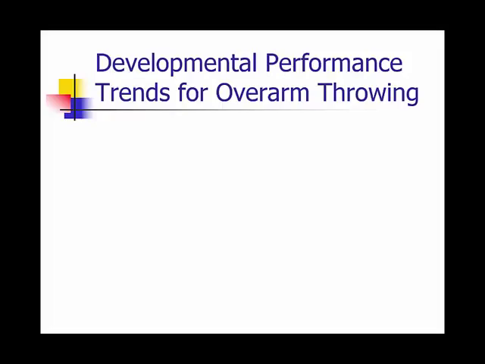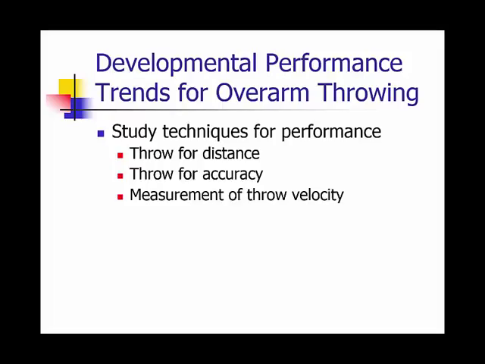So there's been a lot of studies that have tried to investigate environmental and task and structural constraints that influence the development of the overarm throw. These constraints can be thought of as factors that help shape the development of the overarm throwing patterns.